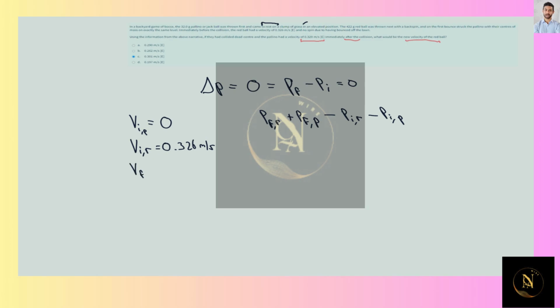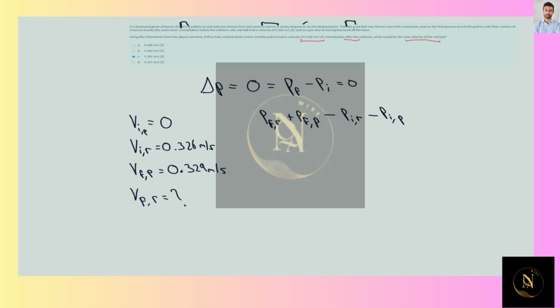The final velocity of the palino ball is 0.329 meters per second. And the final velocity of the red ball is unknown. We're given the values for the masses, 32 grams and 422 grams, and with this we can solve the problem.